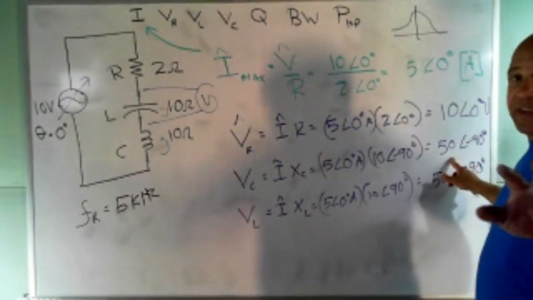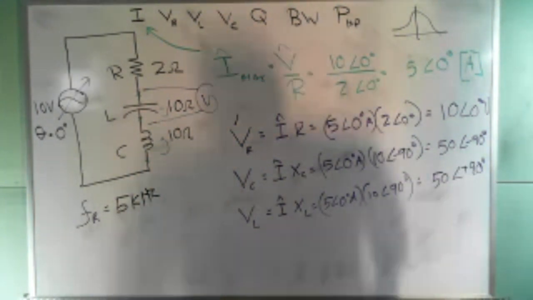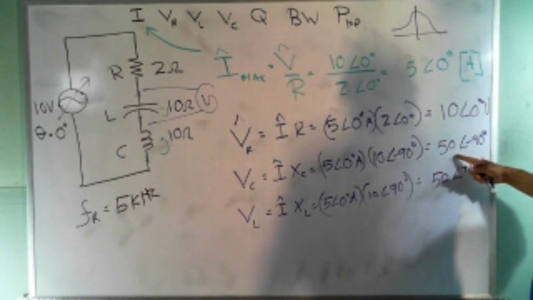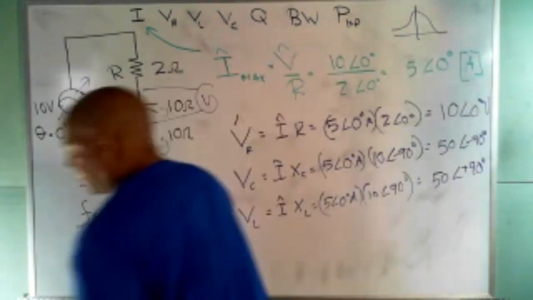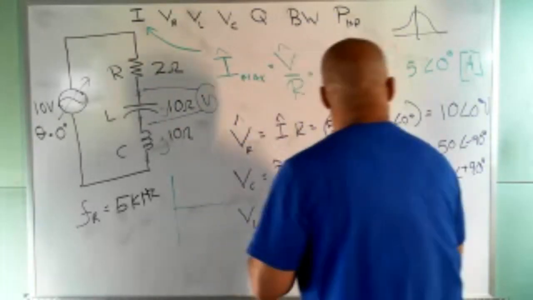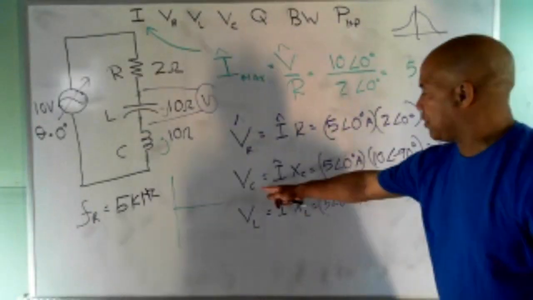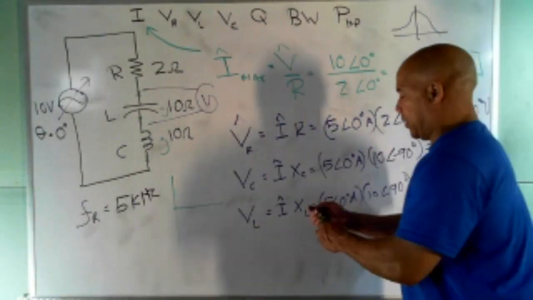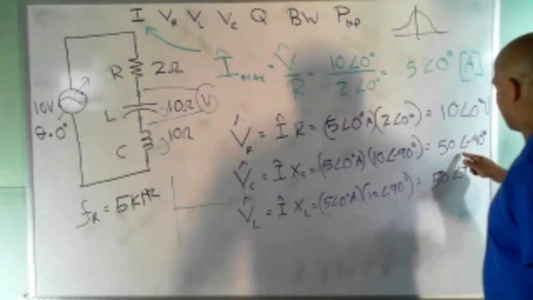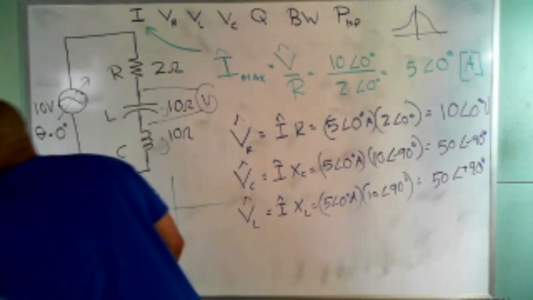Now I'm going to come back to that 50 because I want to show you something else in just a second. Notice also this phasor, let's do a phasor diagram. So VC phasor, these are phasors. Look at where this is. It's 50 angle minus 90, so it's down here.